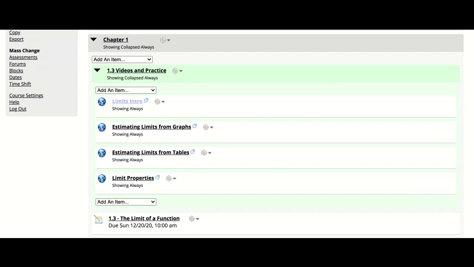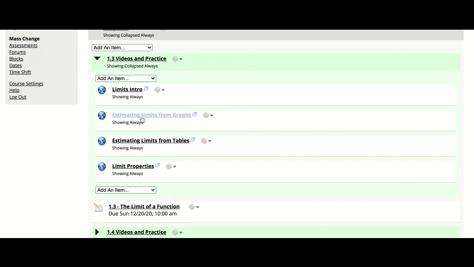Let's go back. Oops. So now let's click on this. Oh no, that's what we just did. Let's see this one. Estimating limits from graph.